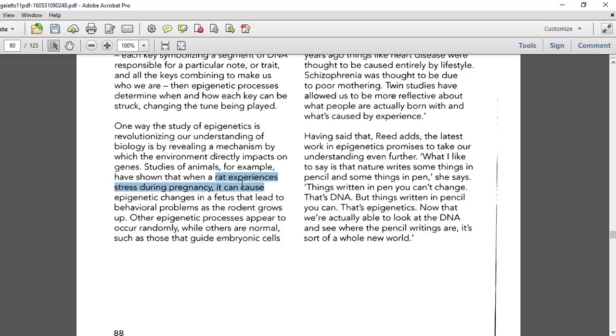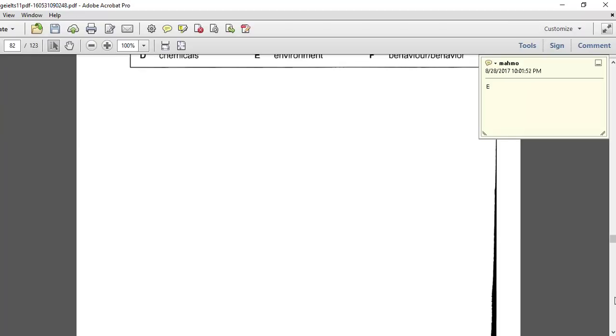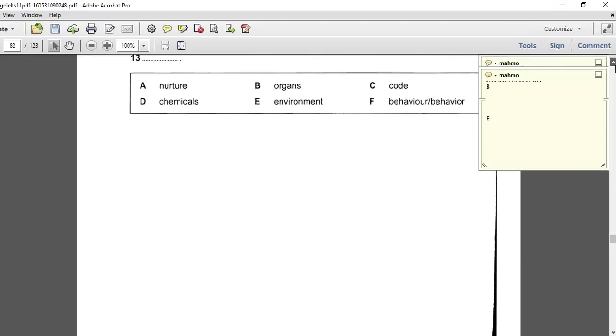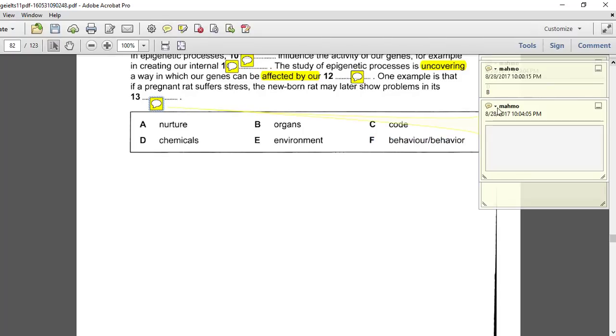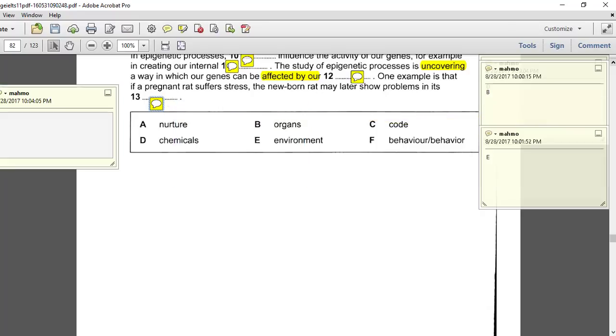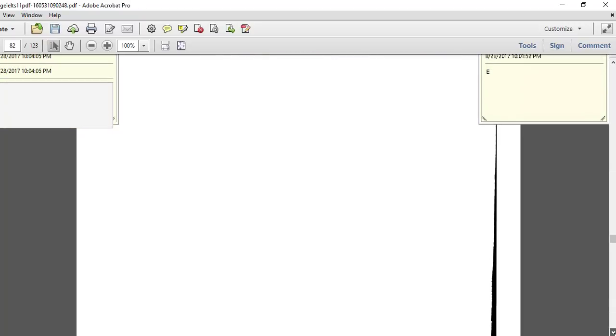When a rat experiences stress during pregnancy, it can cause epigenetic changes in the fetus that lead to behavioral problems. So problems in the behavior. Get back to the question and choose behavior, which is number F. I have to remind you again, do not write the word behavior, write only F. Okay, now we are done with section 1.